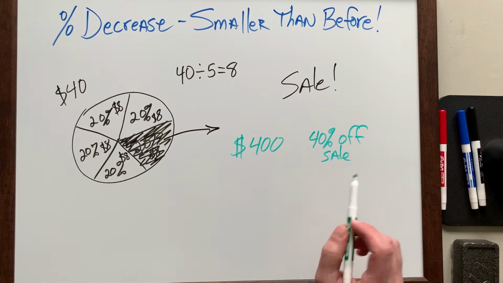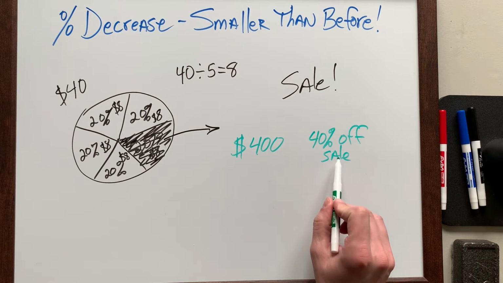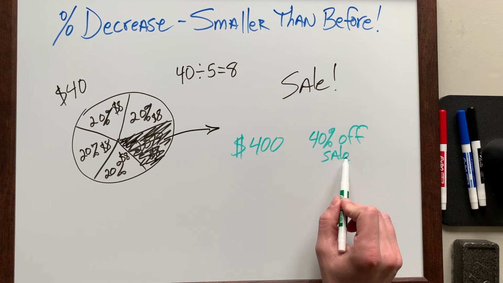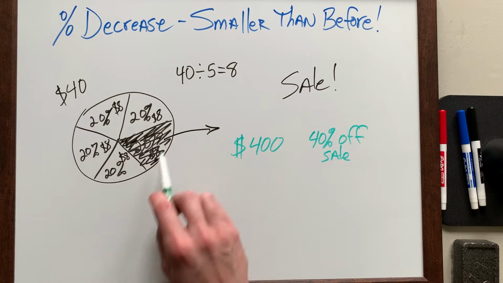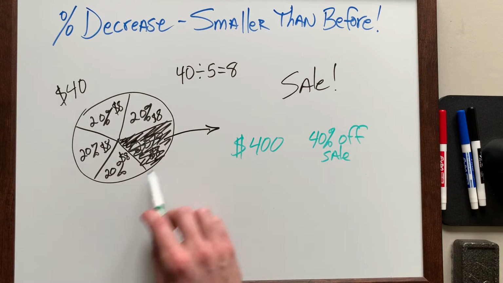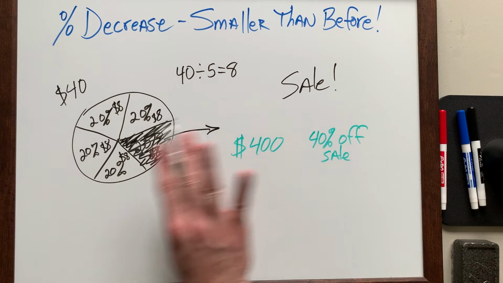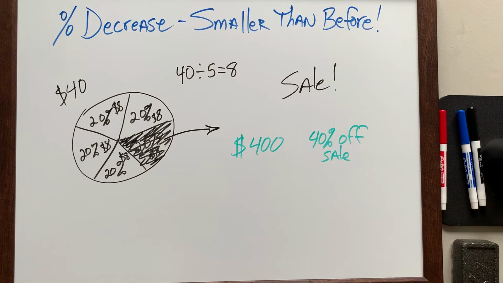This means that 40% of the cost of this you're not paying anymore. So if we could take a video game system that was $400 and break it up into percentages, 40% of it goes away and you're not paying that.